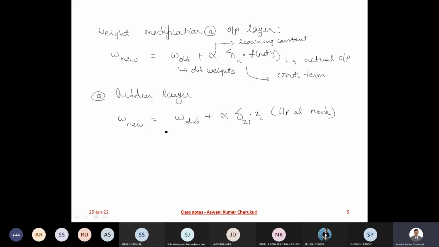This is the weight modification formula for the hidden layer nodes. So, weight modification at the output layer, weight modification at the hidden layer.